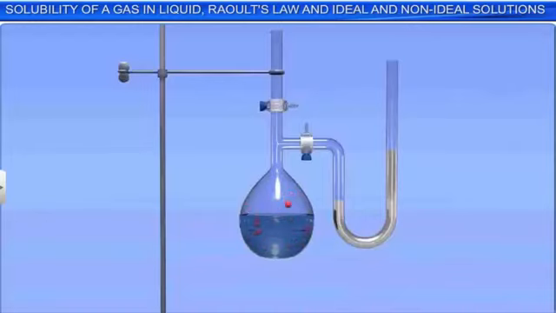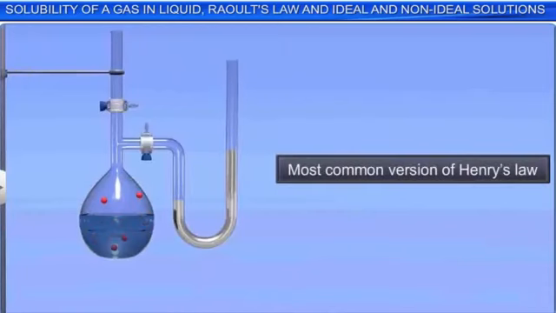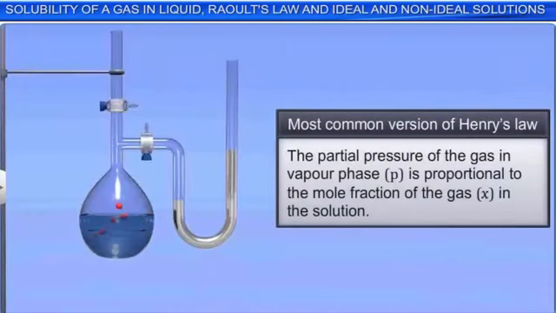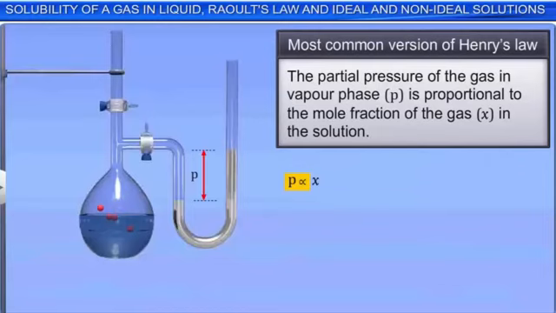However, the most commonly used version of Henry's law is: the partial pressure of a gas in vapor phase, P, is proportional to the mole fraction of the gas, X, in a solution. Mathematically, it can be represented as P ∝ X, or P = KH·X, where KH is the Henry's law constant.